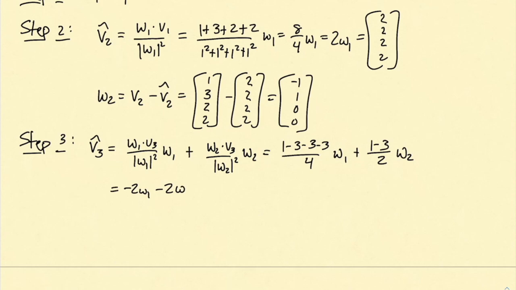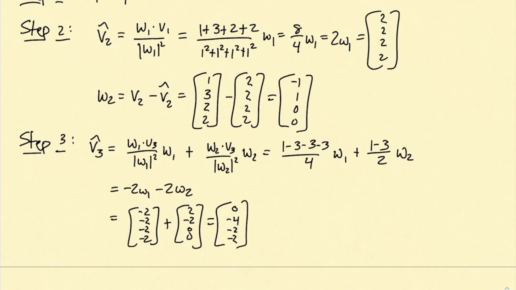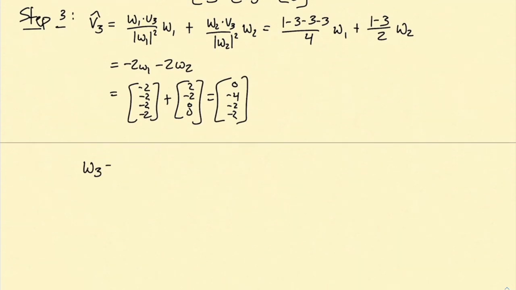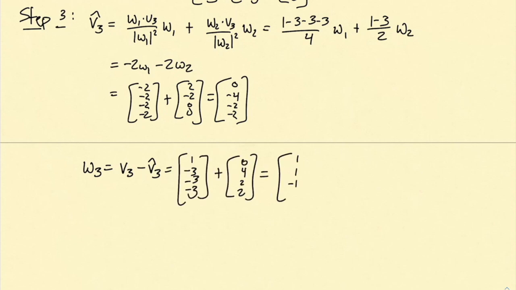Taking the dot products and dividing by the squares of the respective norms, we're left with -2 W1 minus 2 W2. So our orthogonal projection is 0, -4, -2, -2. To find our third and final basis vector W3, we take V3 and subtract this vector from it. And we get 1, 1, -1, -1.